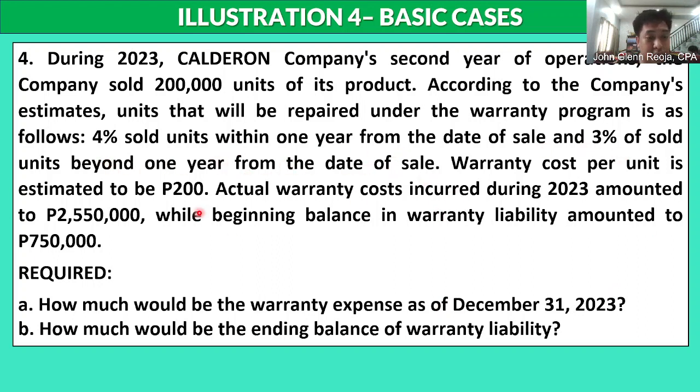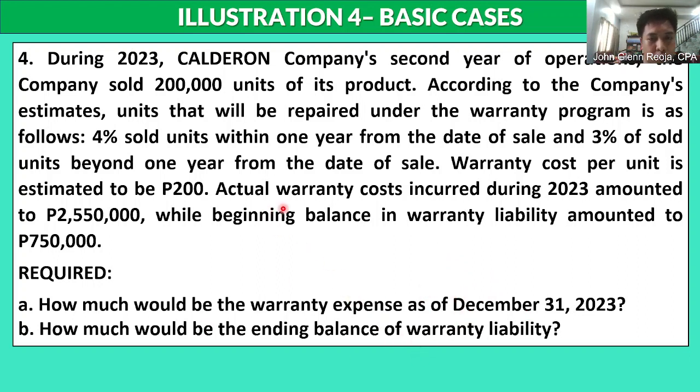Actually, students have some confusion here. Let's highlight this one. The warranty cost per unit is estimated to be 200 pesos per unit. Then the actual warranty cost incurred during 2023 amounted to 2,550,000, while the beginning balance in warranty liability amounted to 350,000. How much would be the warranty expense as of December 31, 2023, and then the ending balance? These are probably the common questions.